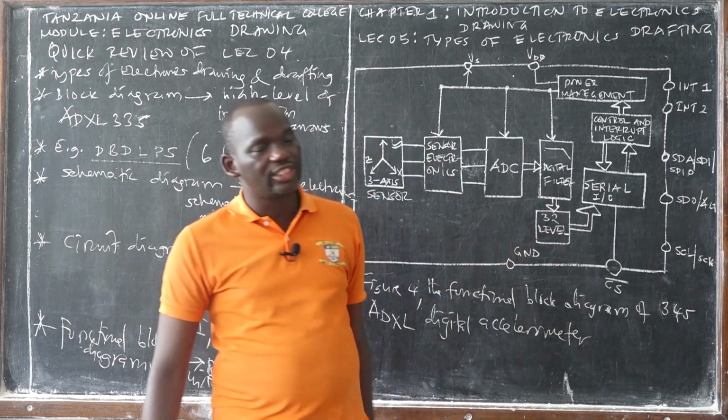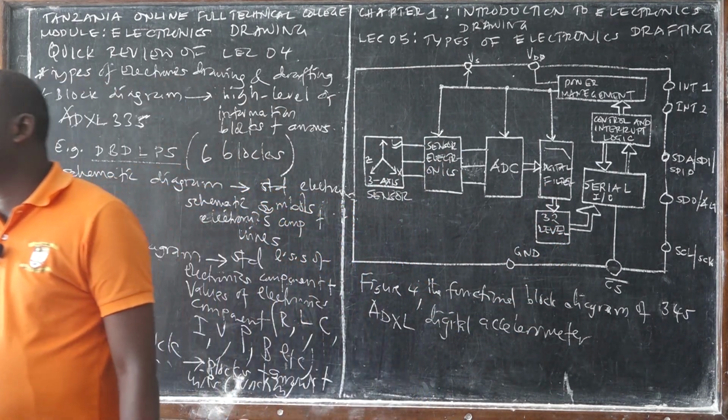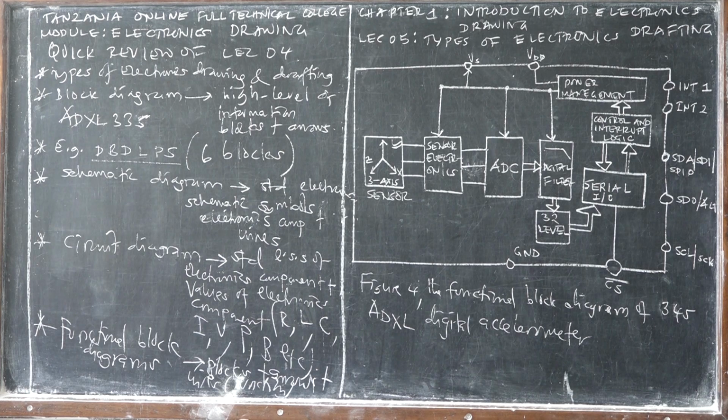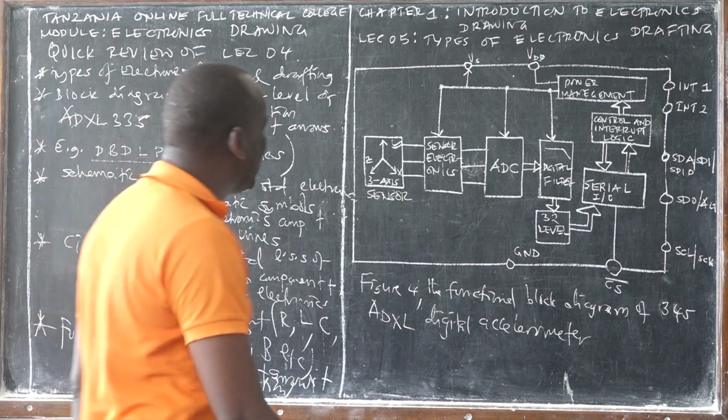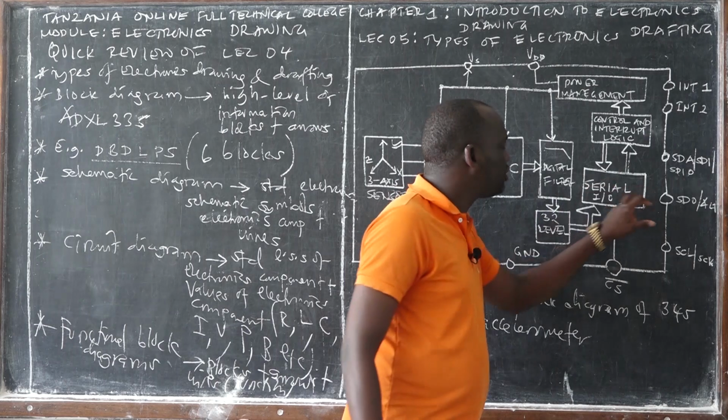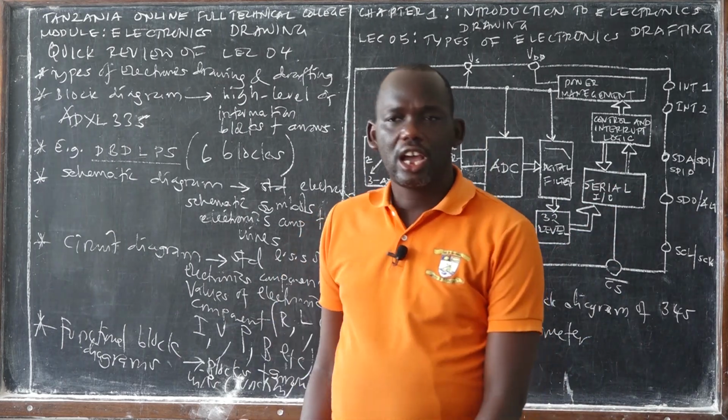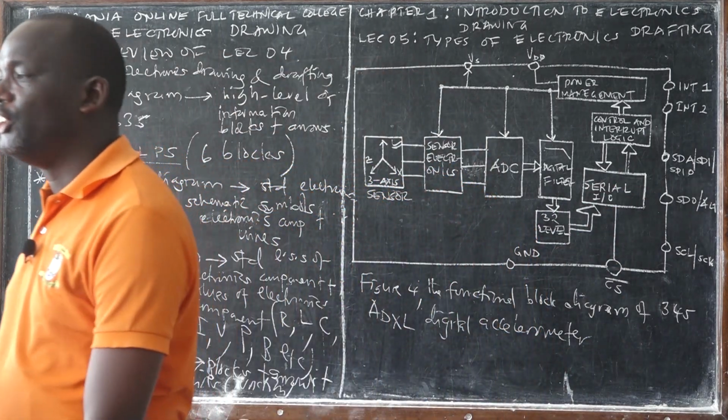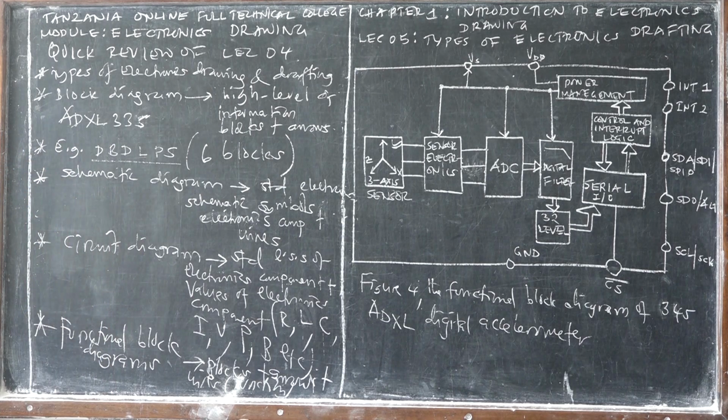Then we have the 32 level. Say 32 level. So this is a digital circuit. And then you have serial input output. I/O is the abbreviation of input, output.